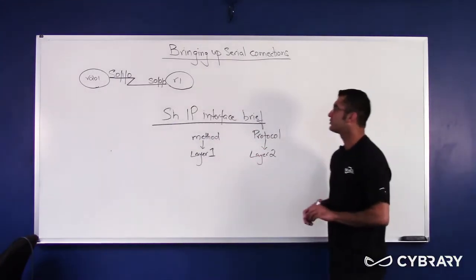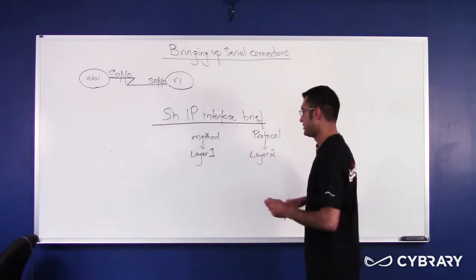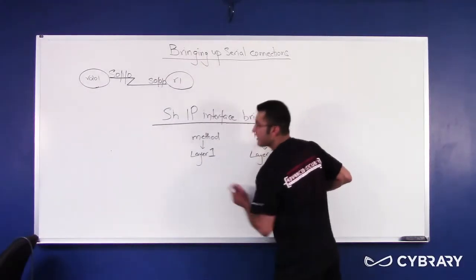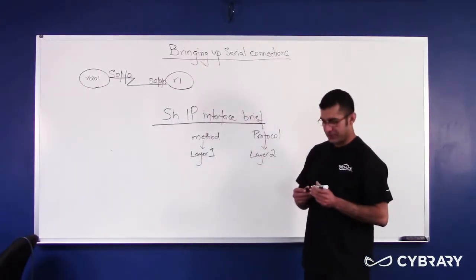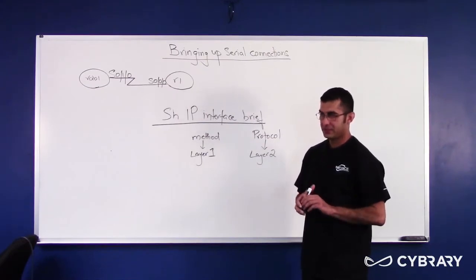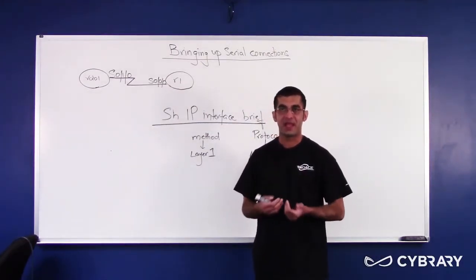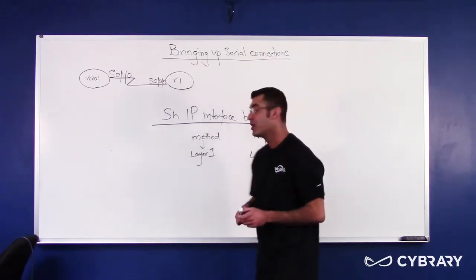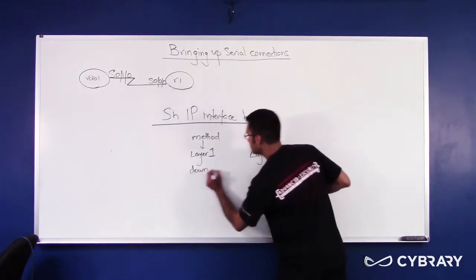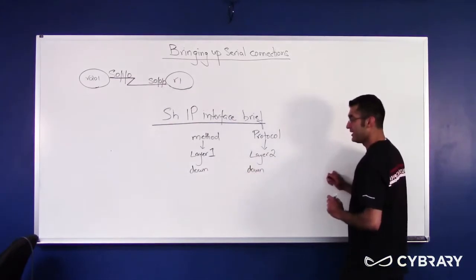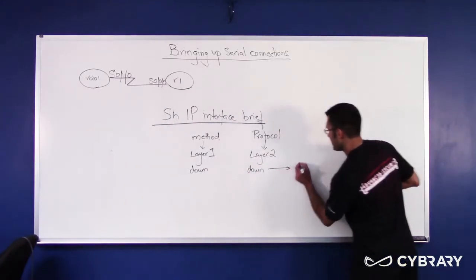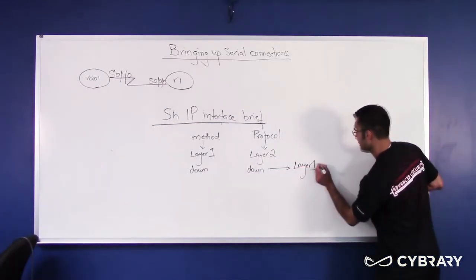Now, when you execute the show ip interface brief command and you have done your due diligence, you have assigned an IP address and you have no shut the interface, but you still see down, that means this is a layer 1 issue.